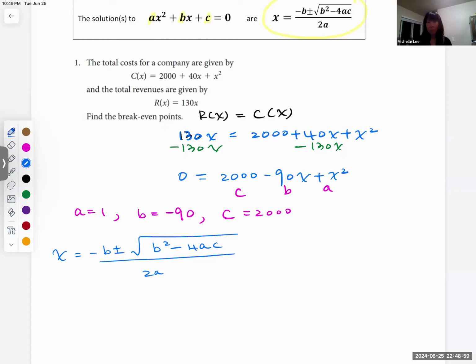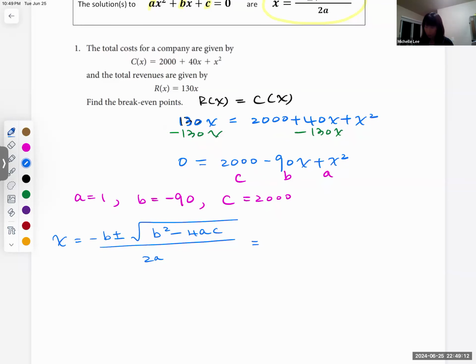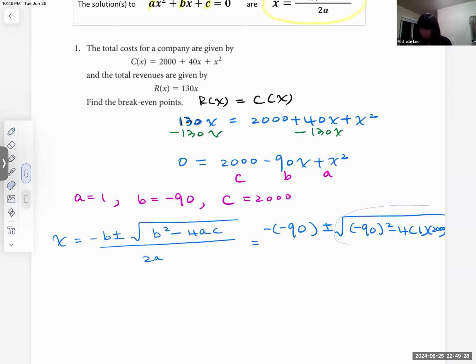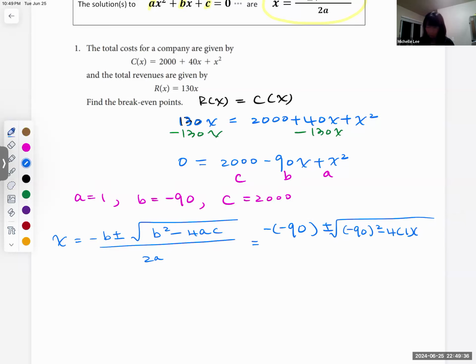I can see some of you make a mistake: the 2a is not under the square root, it's not all over, it's two terms, right? Okay, so let's do it. Negative b, which is negative 90, plus or minus the square root of b squared, negative 90 squared, minus 4 times a times 2000. I hope you can read this one. Maybe make it a little bit bigger for the 2000.